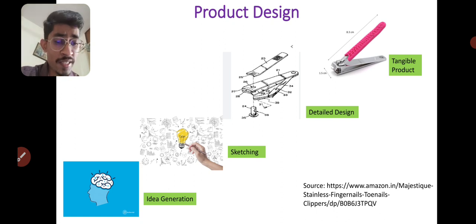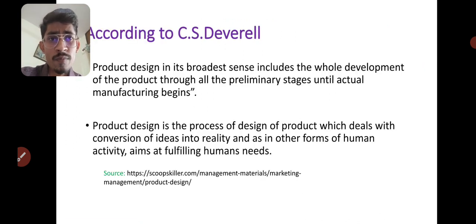Let us look at the definition of product design. We all know the definition of product design according to C.S. Devrel. C.S. Devrel defined product design as I have mentioned here. Product design in its broadest sense includes the whole development of the product through all the preliminary stages until actual manufacturing begins.